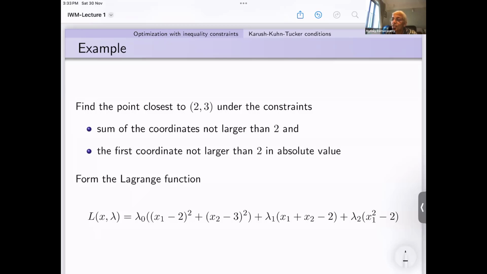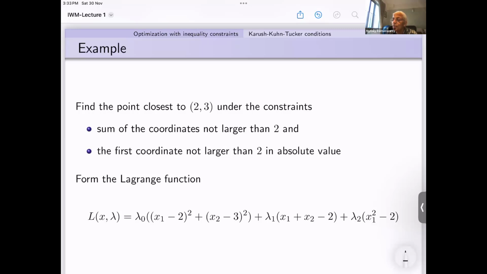But there are also constraints. The sum of the coordinates should not be larger than 2, that means x1 plus x2 should always be less than or equal to 2. And the first coordinate not larger than 2 in absolute value, which means modulus of x1 is less than or equal to 2.